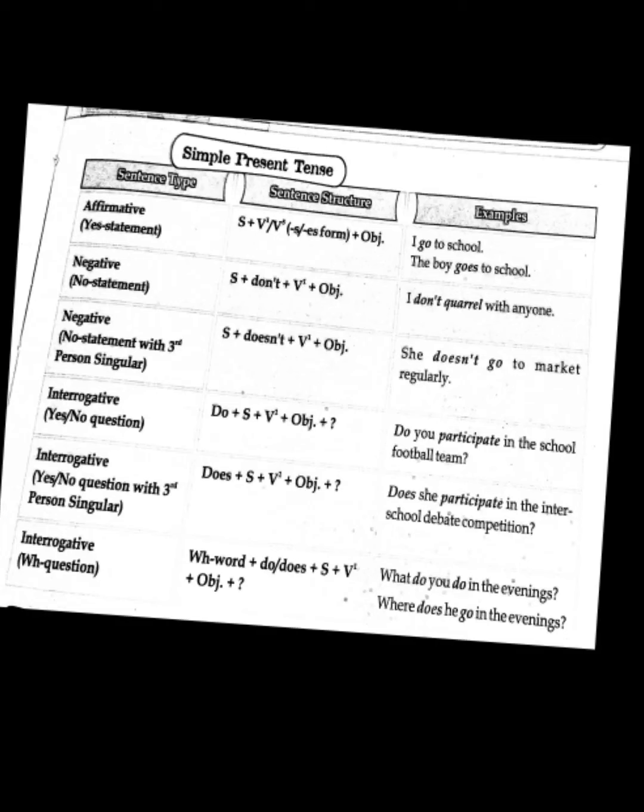Question mark. Now the last one is WH question. So whenever I have WH question, that time how I can frame the questions? WH word plus do or does plus subject plus verb first form plus object plus question mark. So what can be the example? What do you do in the evenings? Question mark. Now, next example. Where does he go in the evenings?